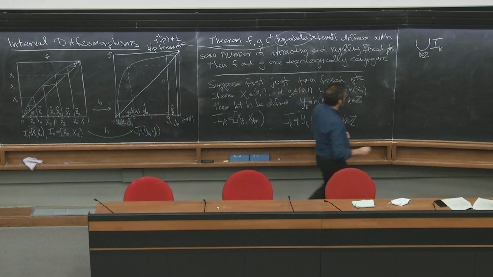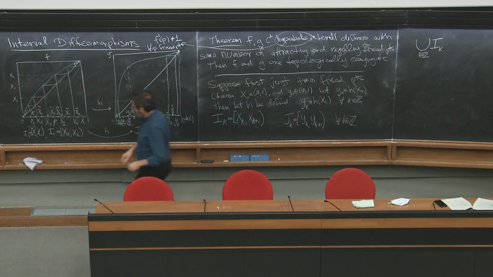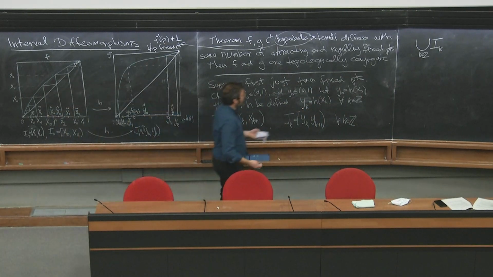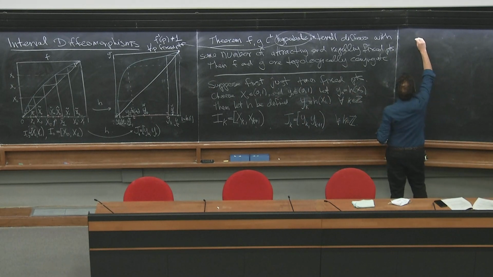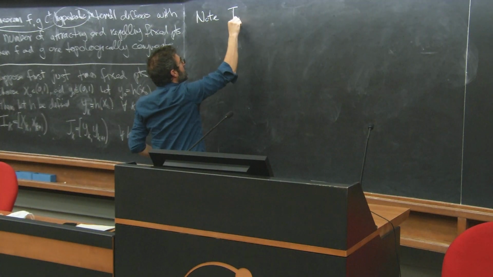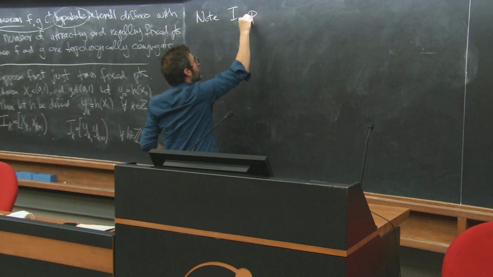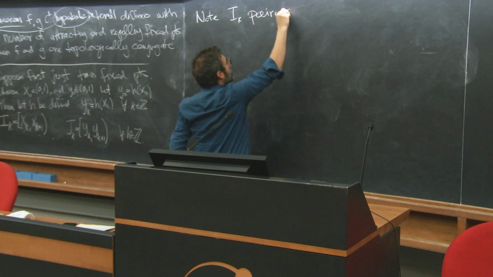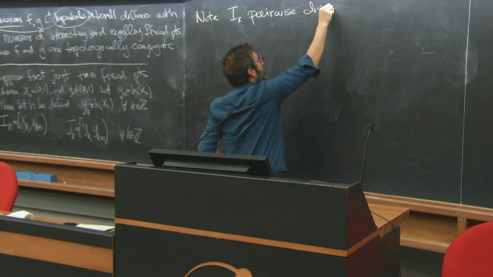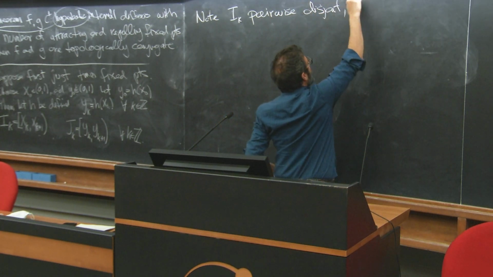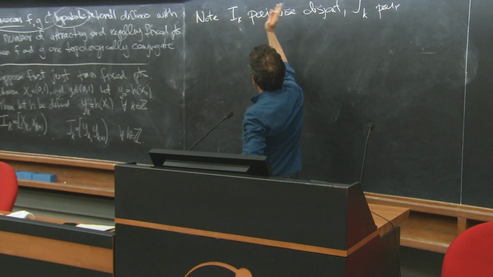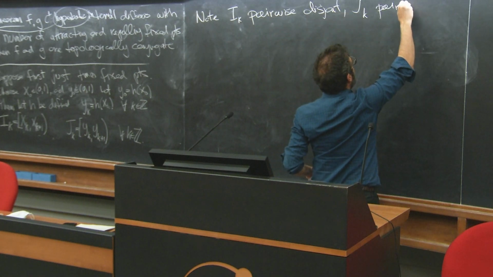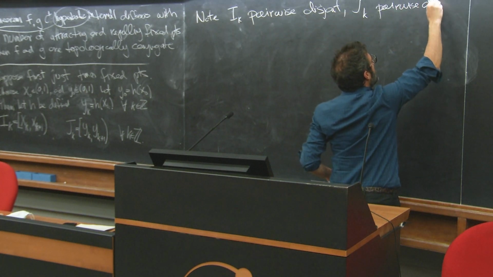And so, let's first show that. The union is exactly the open interval 0, 1. So first of all, notice that all the Ik's are pairwise disjoint. The Jk's are also pairwise disjoint, which means if you take two different k's, Ik and Ik prime, they're disjoint.